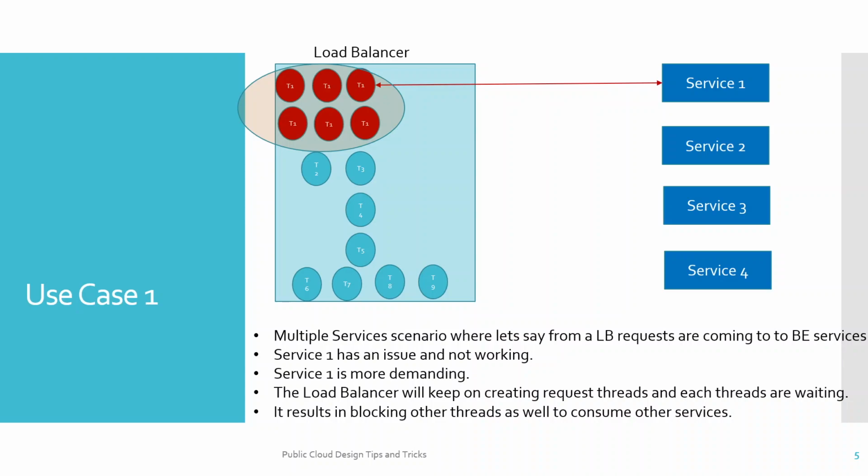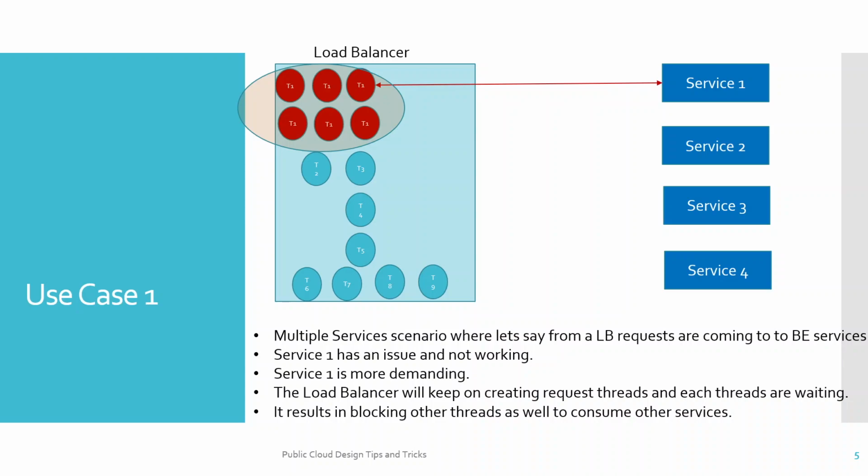Now let's say there is a situation where service 1 fails to run. It's not responding, for example, and at the same time service 1 is also in more demand. The client applications are sending more and more requests to service 1. Now what will happen? Service 1 is not working and more requests keep coming to the load balancer.